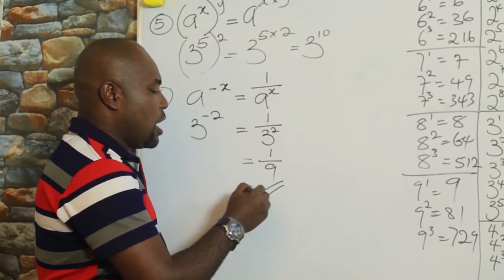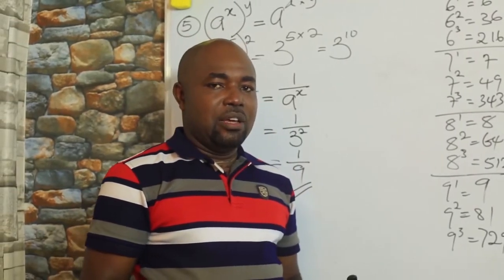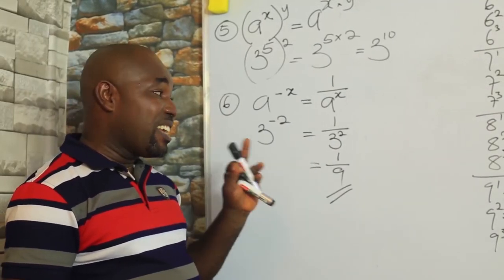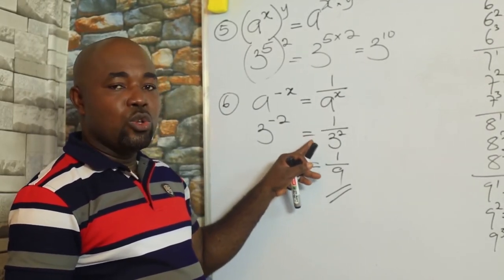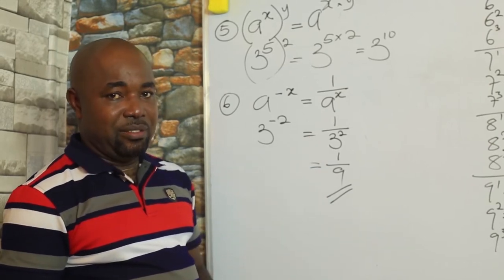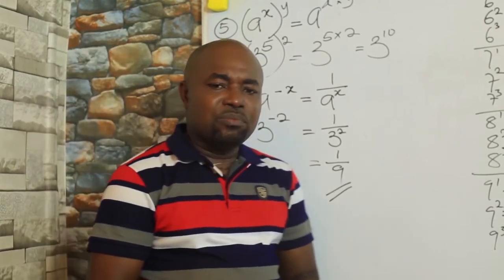This is our answer if you are asked to simplify, but if you are asked to leave your answer in index form, this is where you will stop. Am I communicating? All right. Now, this is the 6th law.